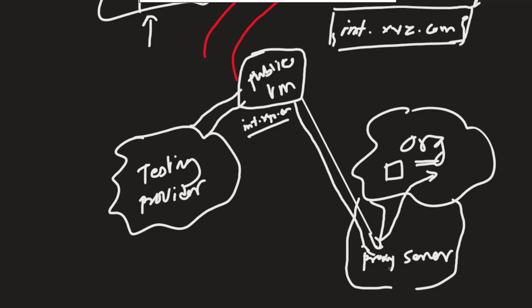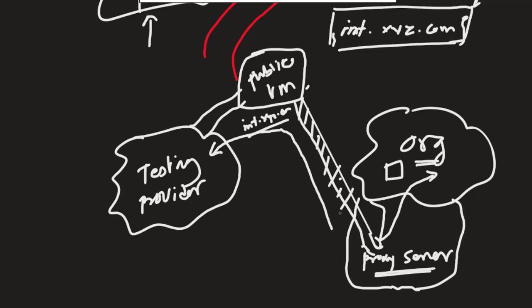Now once the request is at the proxy server, since the proxy server is running inside this organization, it can resolve all the internal URLs. So it hits that internal server, gets the response, and that response is sent back to this public VM, and then from there it can go back to the browsers that are hitting that website. And all this is possible because of this tunnel, right?